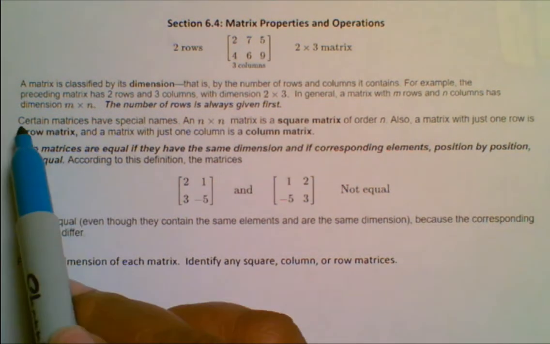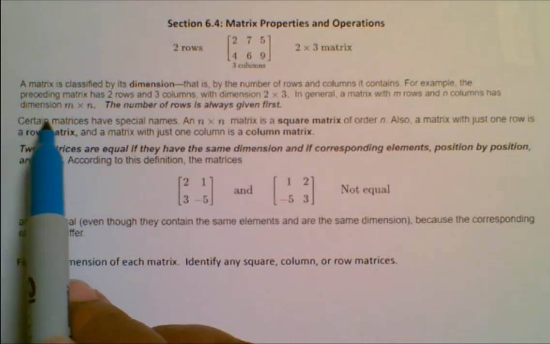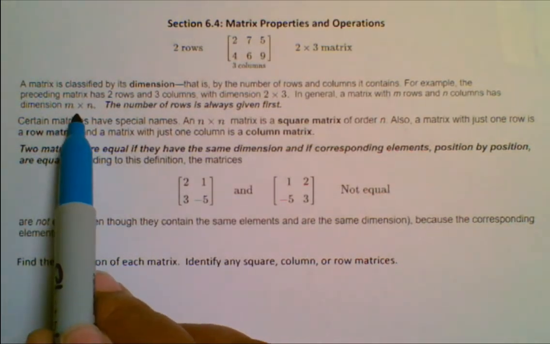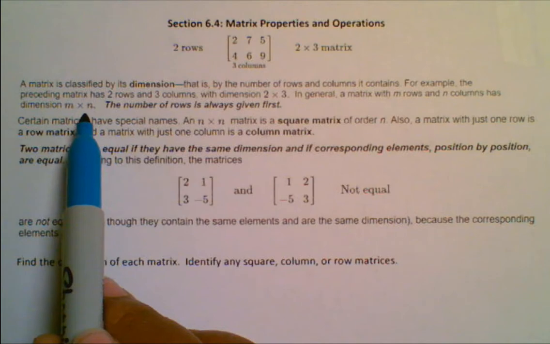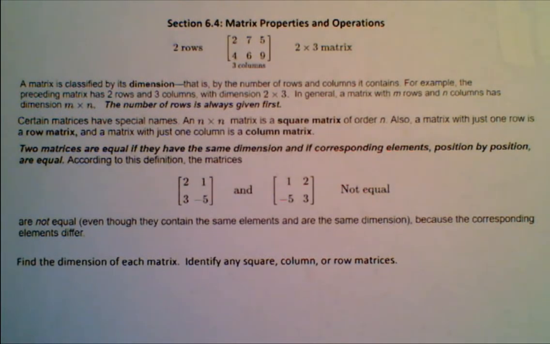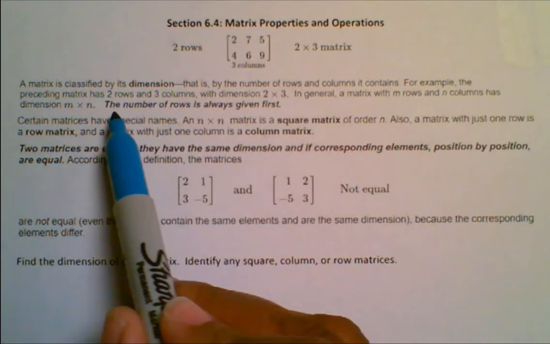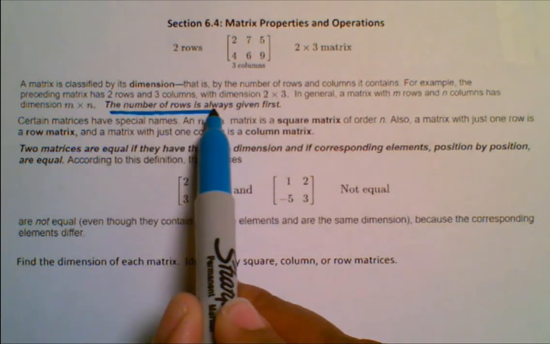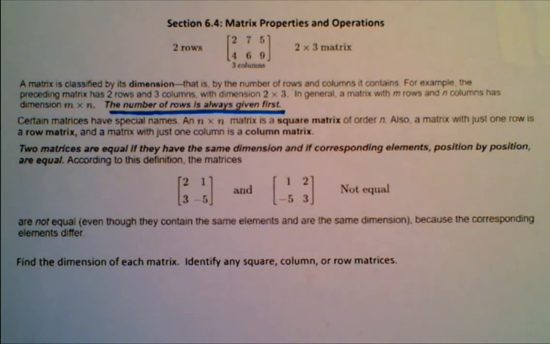So in general, a matrix with m rows and n columns has dimension m by n. That's how we would read it. The number of rows is always given first.